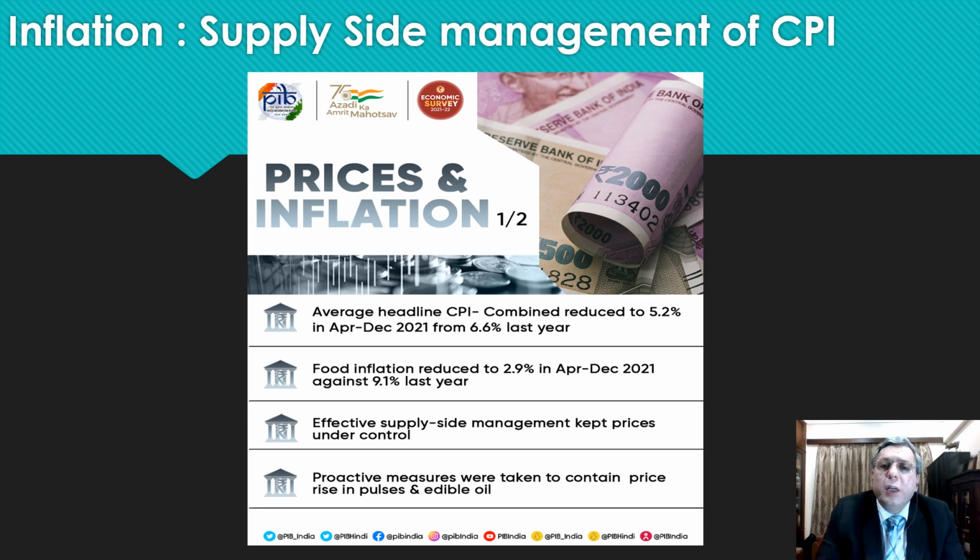Effective supply side management kept prices under control. Proactive measures were taken to contain food prices like pulses, edible oil. Edible oil went up 60% globally. So to have managed food inflation at that kind of a number is something we can appreciate, and we appreciate the efforts of the authorities concerned.